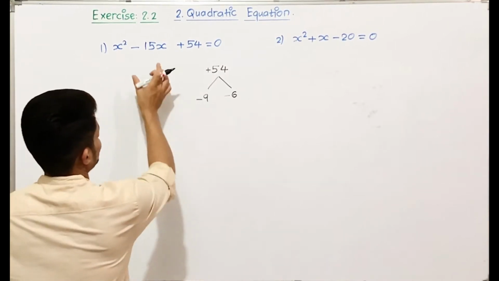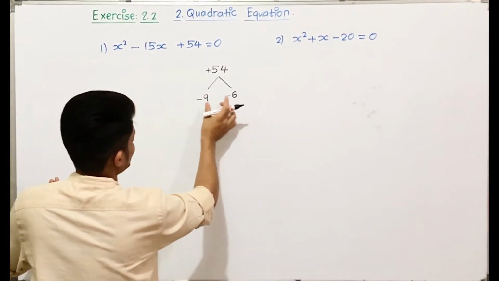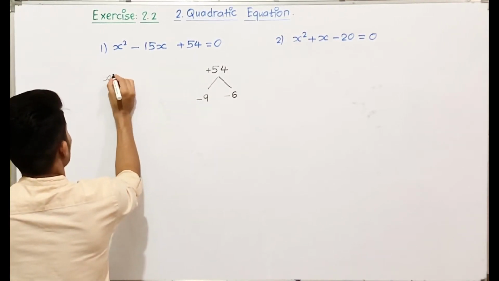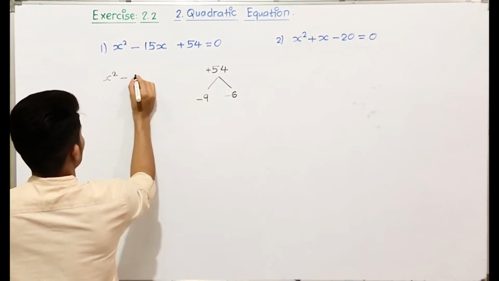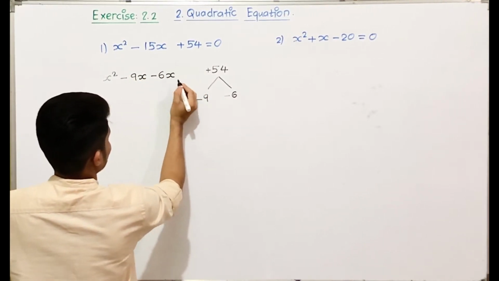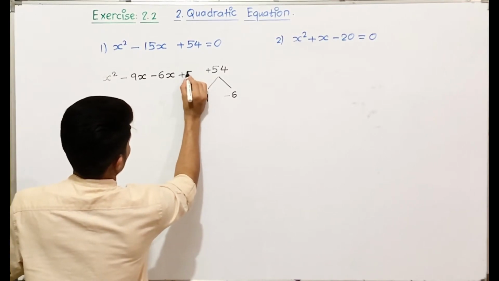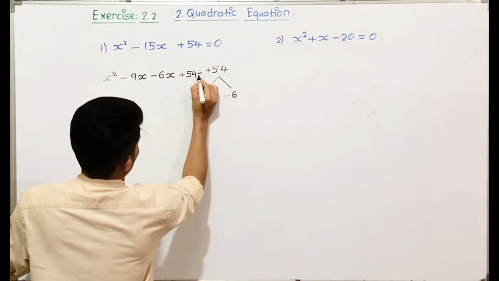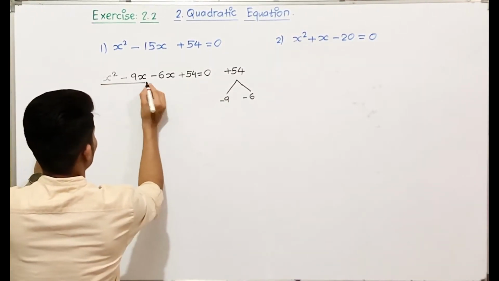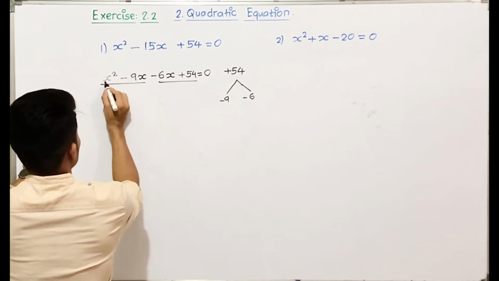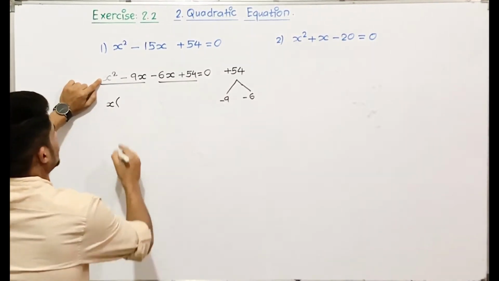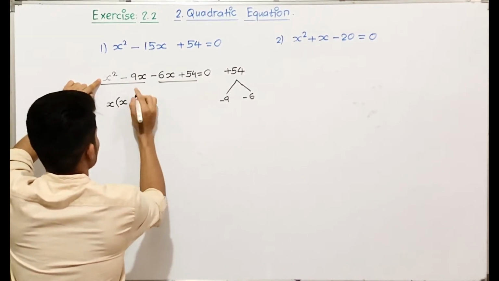So now we'll replace the middle term with these numbers, taking the variable with it, that is x square minus 9x minus 6x plus 54 is equal to 0. Now we'll take common factors from these terms. So here x is common and the remaining is x minus 9.